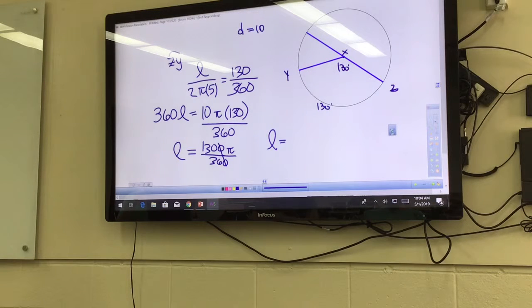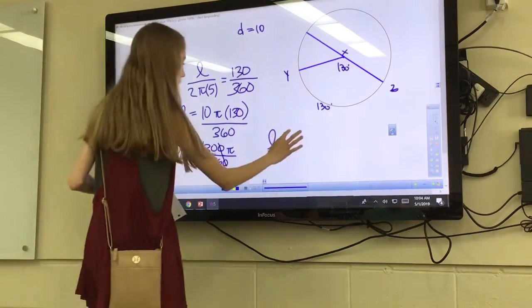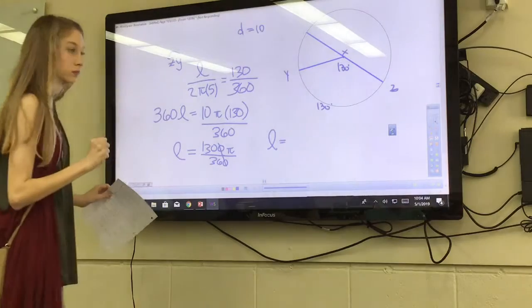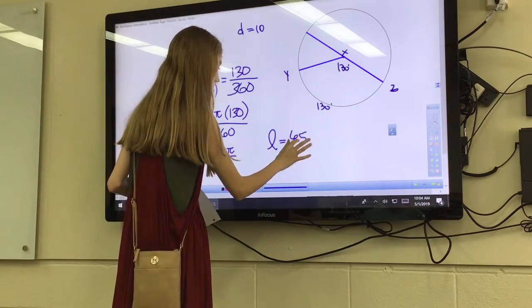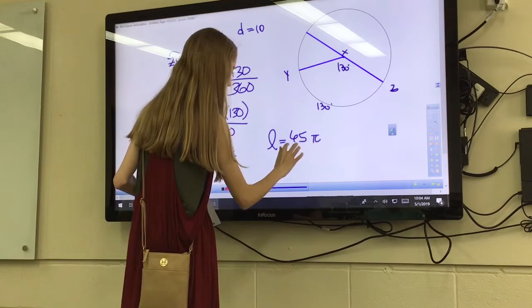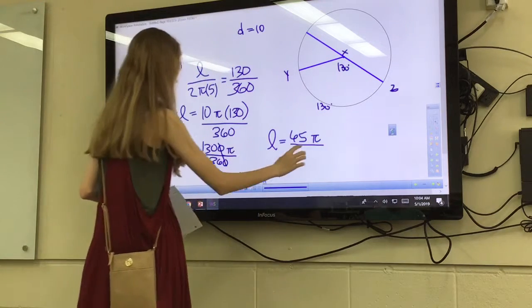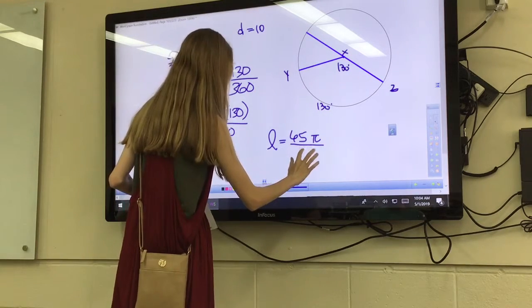If you reduce it by 2, 130 divided by 2 is 65. So 65 pi over, what's 36 reduced by 2? 18.